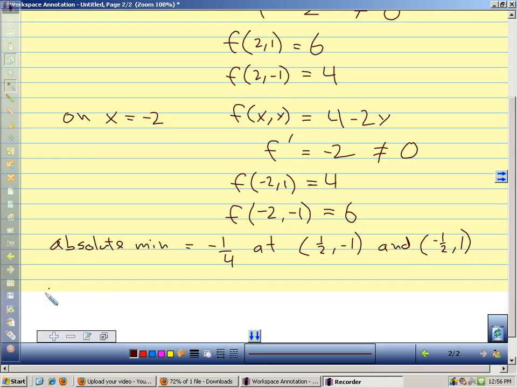And our absolute max is 6, and that is at a couple of points as well, at -2, -1, and at 2, 1.